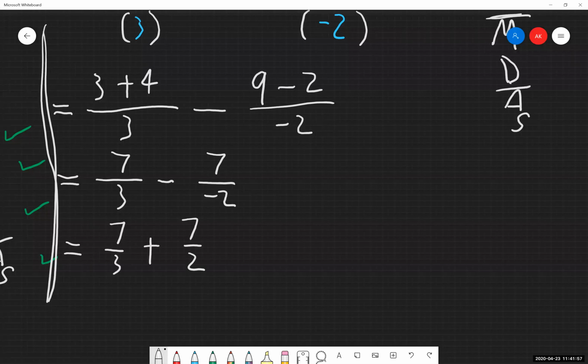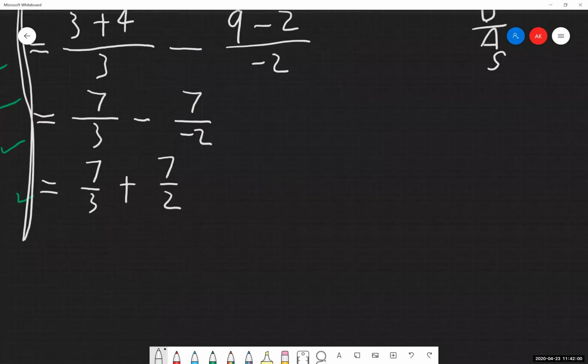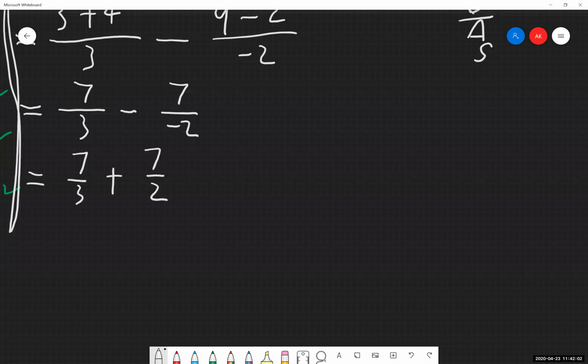And now, here's the part where, do we remember how to add fractions together? And if we do, think to yourself here, how do I add fractions together? What is the absolute requirement that I need to have? I cannot do any addition and subtraction without it. I need to make sure that the fractions both have a common denominator.